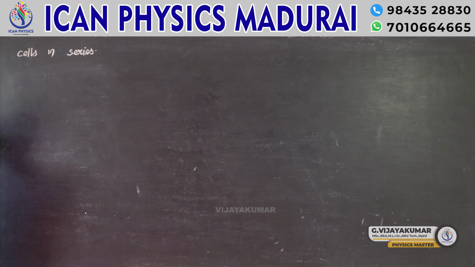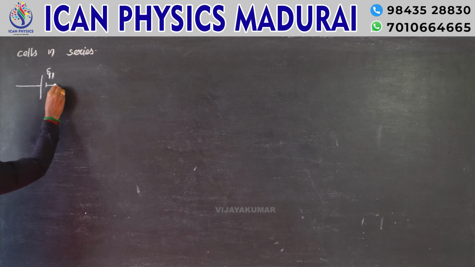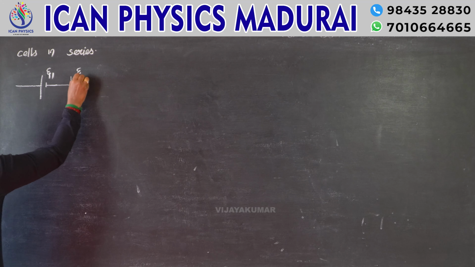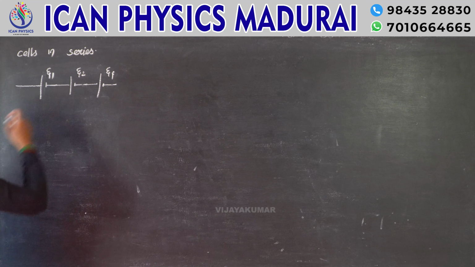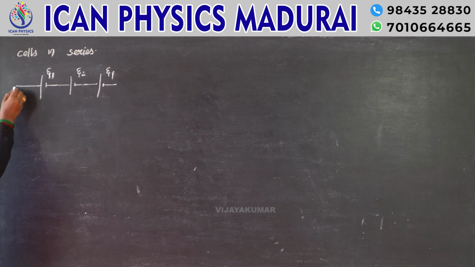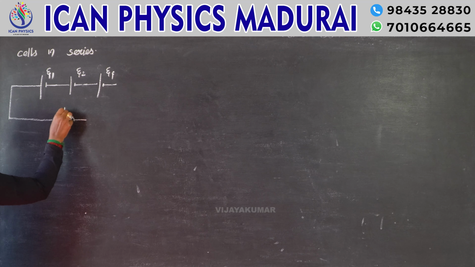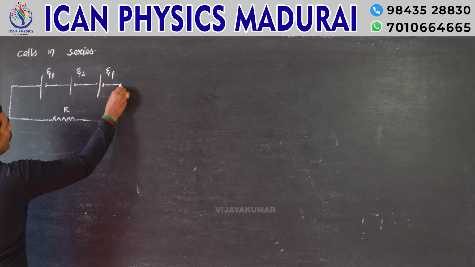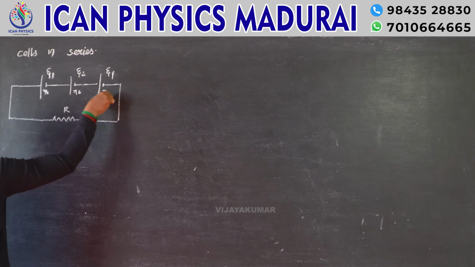Okay, the next topic is cells in series. Let us consider a cell of EMF 1, another cell of EMF 2 and another cell of EMF 3 connected in series to the external resistance capital R. Their internal resistances are taken as r1, r2 and r3.